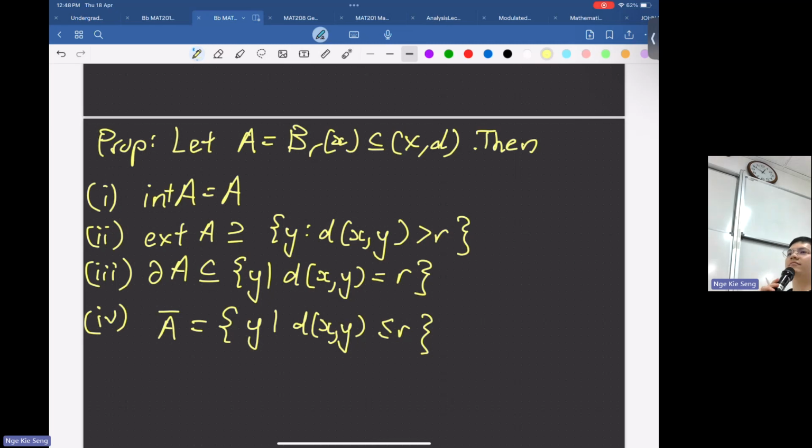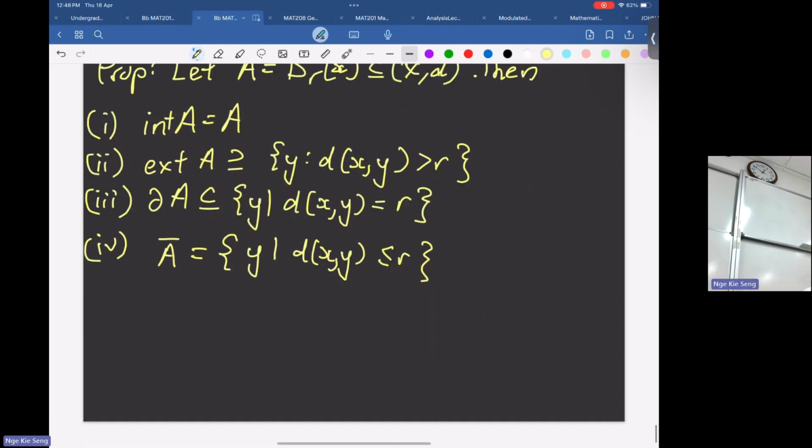Why is it not true that the exterior of A is all the points that are distance greater than r from x? Why not all the things that equal r? Why are the points at distance equal to r not always in the boundary of A?